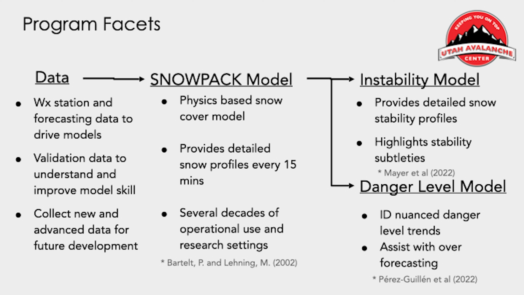We can highlight some of these subtleties, like we talked about, like an RR event or near-surface faceting event, as well as persistent weak layers. And that's Stephanie Mayer and others. The other model that we're also driving, or using SNOWPACK to drive, in addition to weather station data, is the danger level model. So this would be a danger level forecast that's provided in addition to the other items that we talked about.